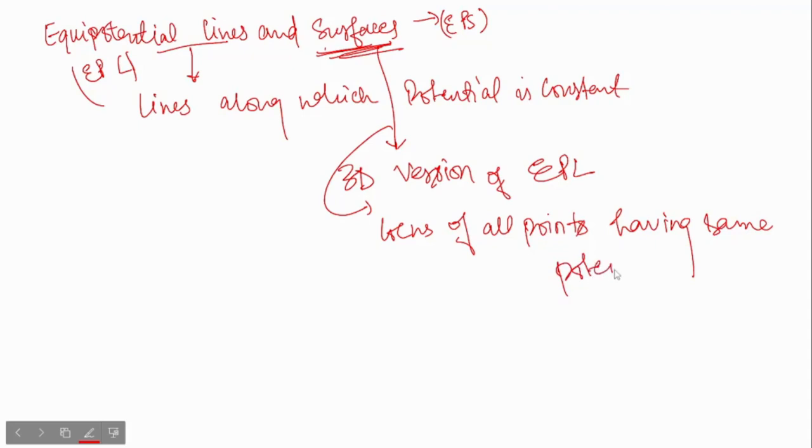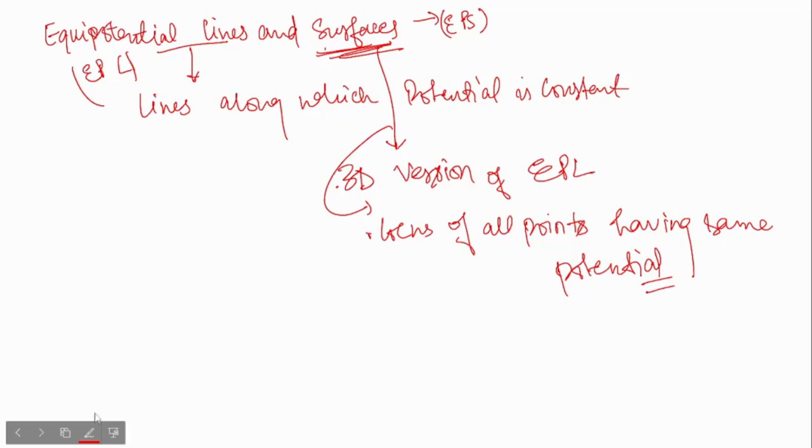This is another way you can define equipotential surface. Have you got this? That equipotential surfaces are basically the surfaces on which every point has the same potential.